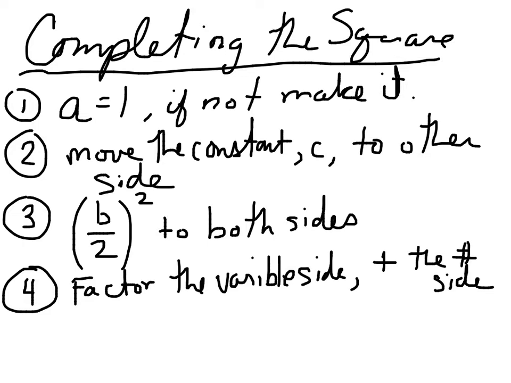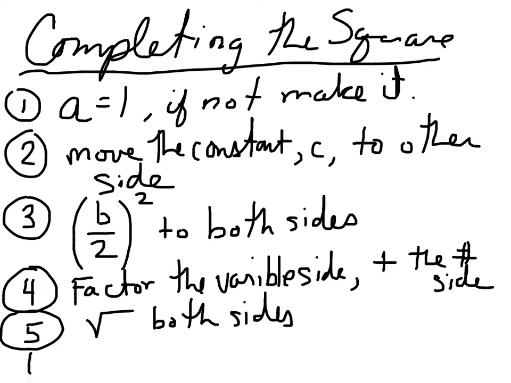The fifth step, after we factored it, is we're going to square root both sides. And the sixth step is we're going to solve for x. Those are the 6 steps you need to take in order to complete the square. So everybody got the steps down?